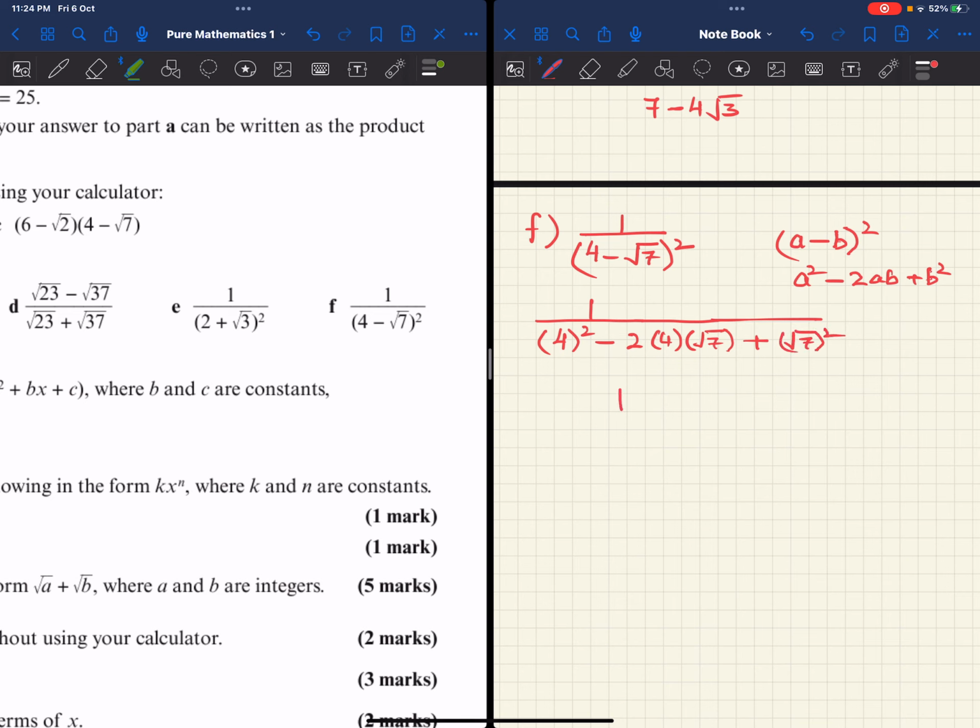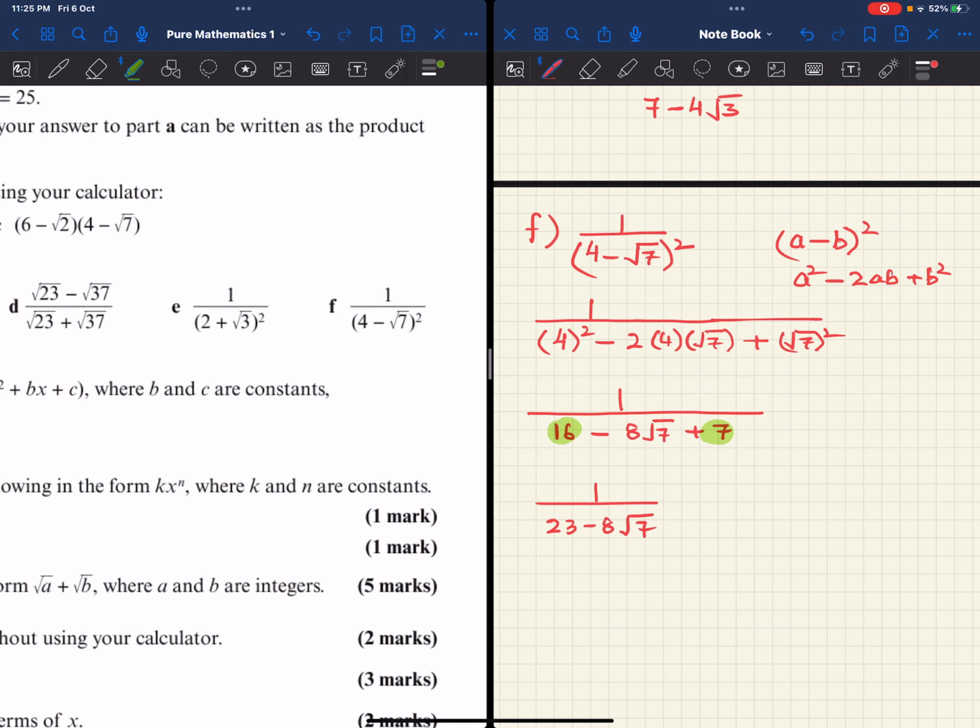So now we have 1 divided by 16 minus 2 4s are 8 root 7 plus root of 7 the whole squared is 7. We can add up the like terms, 16 and 7. So 16 plus 7 give us 23. So we have 1 divided by 23 minus 8 root 7.